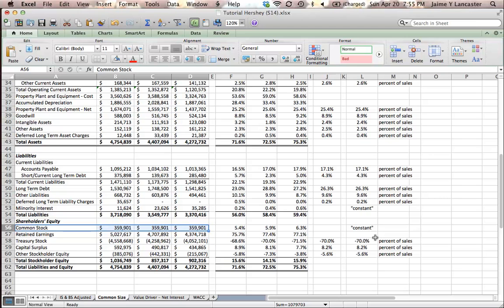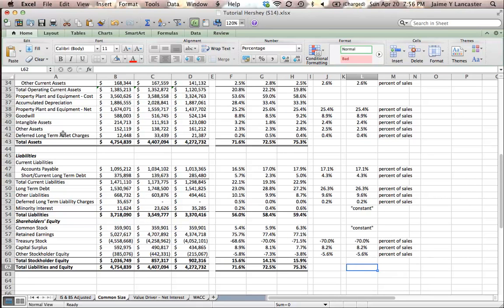So we're going to hold it constant. We're going to hold minority interest constant. Retained earnings, we forecast by adding this year's addition to retained earnings. And then that leaves us with just the things we have to add up, right? So that's all of our value drivers.